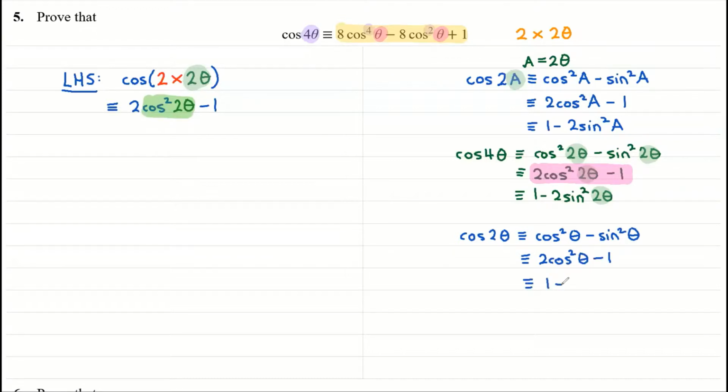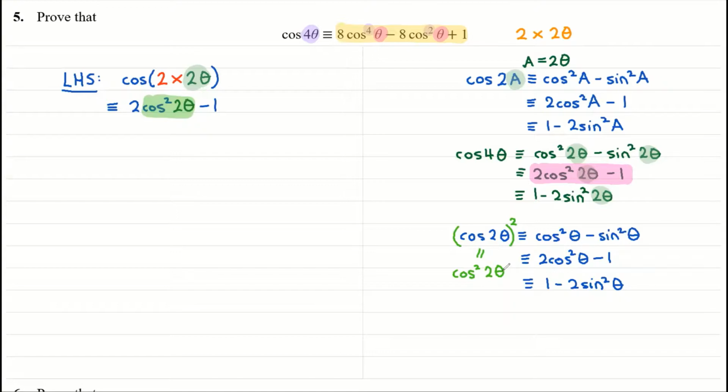Or you could have 1 subtract 2 sine squared theta. Now, the important thing, and I'm sorry for writing it out again, is that it's cos squared 2 theta. So all this is squared, and that's what gives you the cos squared 2 theta. Remember the squared goes after the cos, so there's no confusion with the angle.